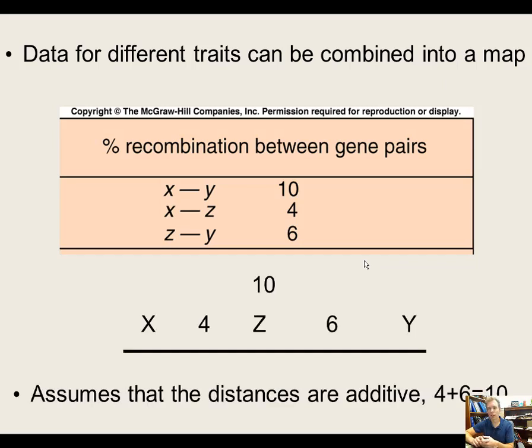It would look something like this. We can show that X and Y are separated by 10 map units, X on one side and Y on the other. But X and Z are only 4 map units, and Z and Y are 6 map units, so the distances are additive. 4 plus 6, of course, being 10. The first genetic maps of chromosomes were produced this way.